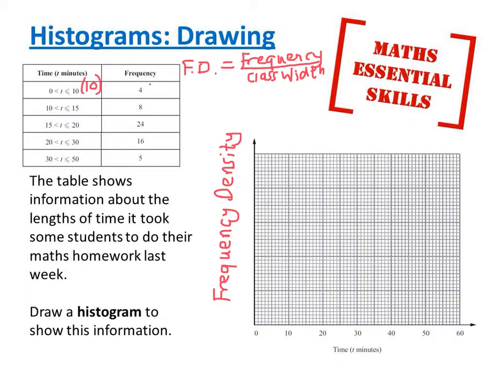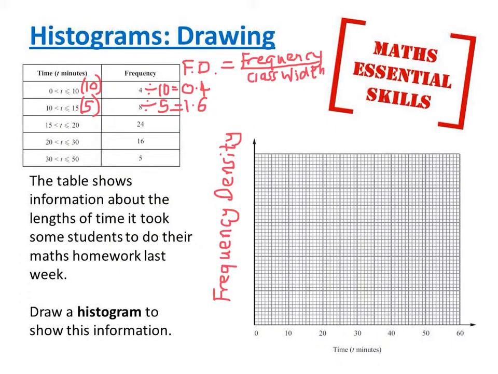So 4 divided by 10 is 0.4. The next one, this class width is 5 because that's the difference between 10 and 15. So frequency, which is 8, divided by the class width, 8 divided by 5, well 8 divided by 5 is the same as 16 divided by 10, so that's 1.6.